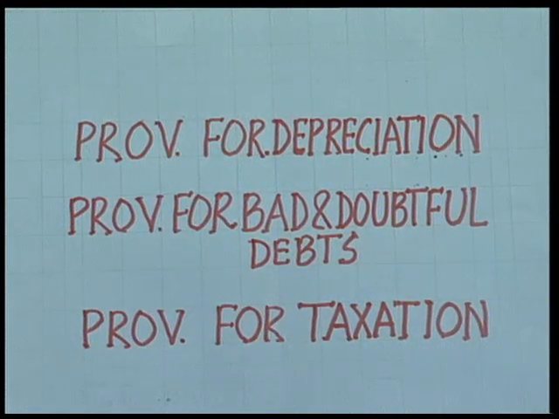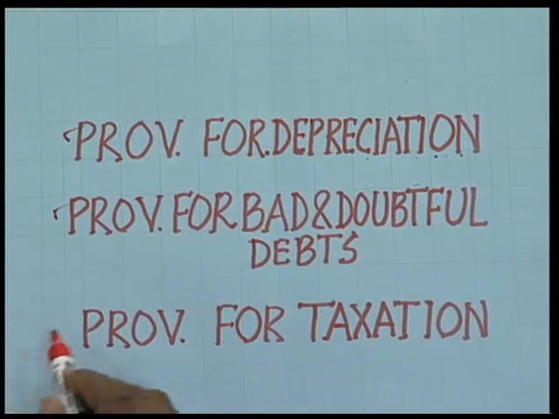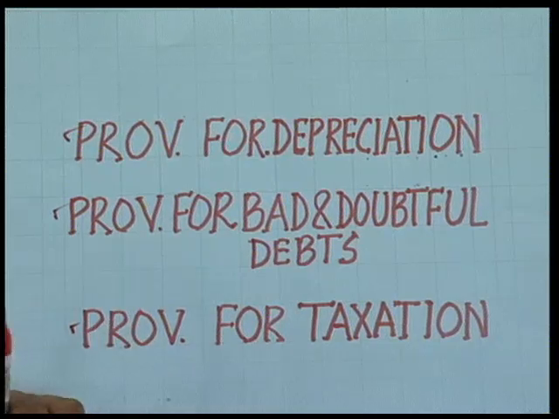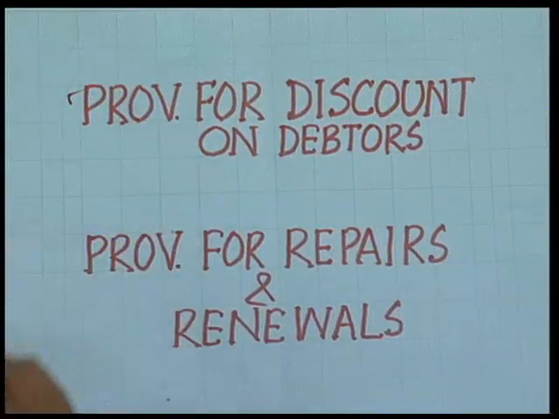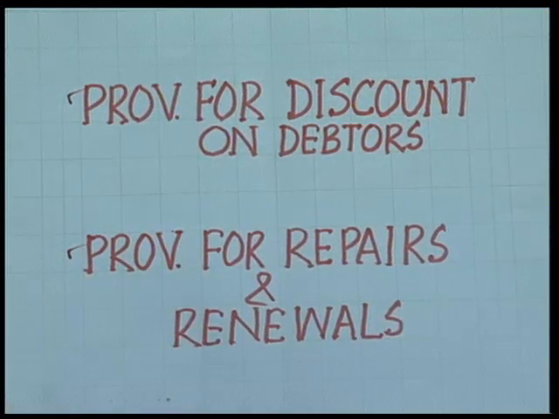Some of the examples which we make in the current year are provision for depreciation, provision for bad and doubtful debts, provision for taxation. There may be some more provisions for losses, such as provision for discount on debtors, provision for repairs and renewals.